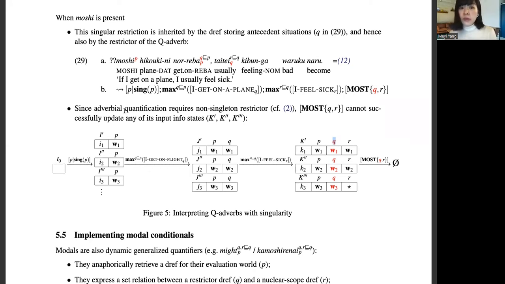However, since adverbial quantification requires a non-singleton restrictor, as I have said, this means that this most relation cannot successfully update any of its input information states.